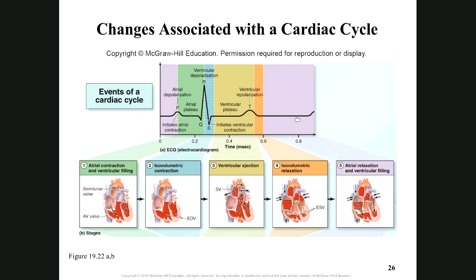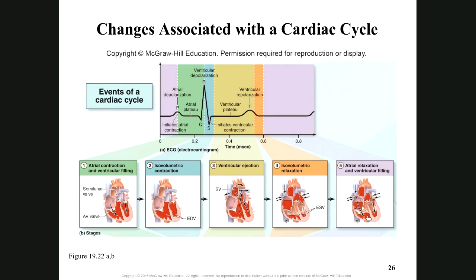And the last part is the purple part. This is the atrial relaxation and ventricular filling. We don't have any electrical activity, as you see here. The ventricles become relaxed and the AV valve becomes open.